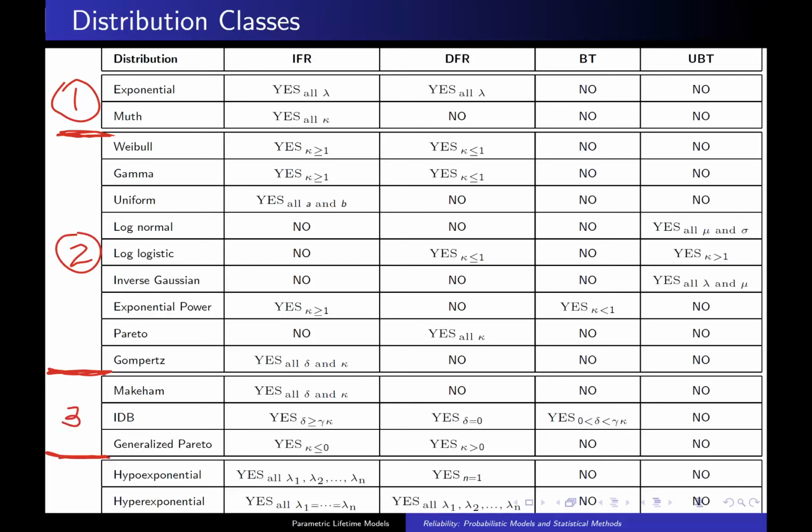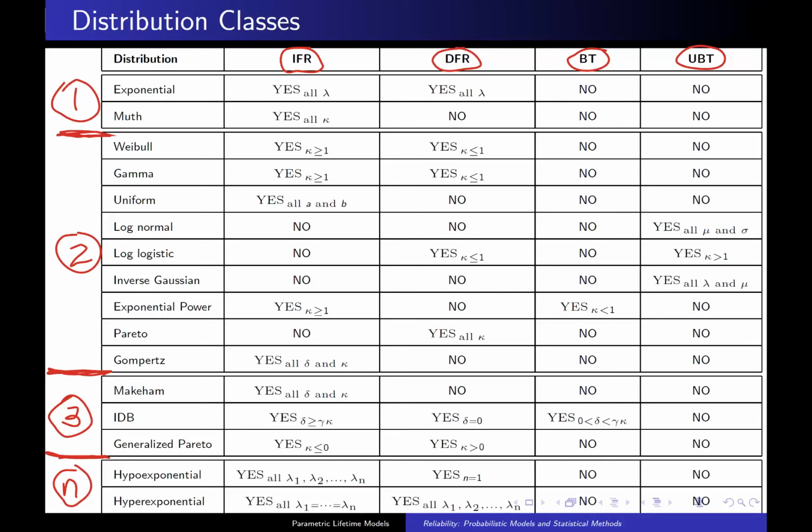These right here are three parameter distributions, and finally down at the bottom there are n parameter distributions. Across the top, these tell you if they can be in the IFR class, the DFR class, whether or not they can take a bathtub-shaped hazard function or an upside-down bathtub-shaped hazard function.